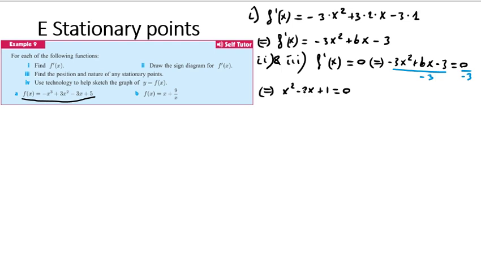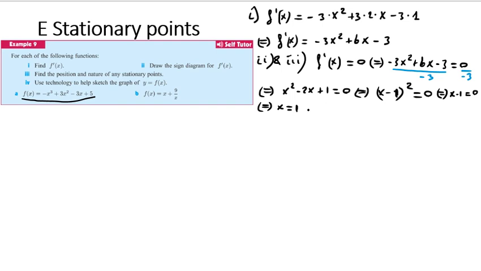And this here is x minus 1 to the power of 2, and that must be equal to 0. Or x minus 1 must be equal to 0, or x must be equal to 1. So this is the x coordinate of the stationary point.